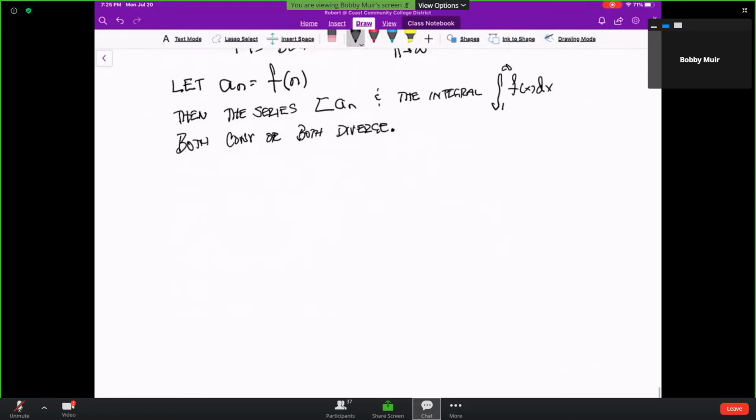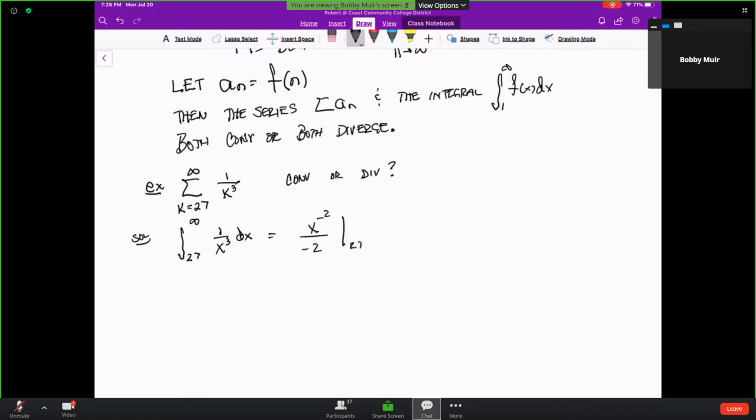Okay. So for example, the sum k equaling 27 to infinity of 1 over k cubed. Converge or diverge? Well, what you do is you integrate from 27 to infinity of 1 over x cubed dx. So that's going to be x to the negative 2 divided by negative 2 evaluated.